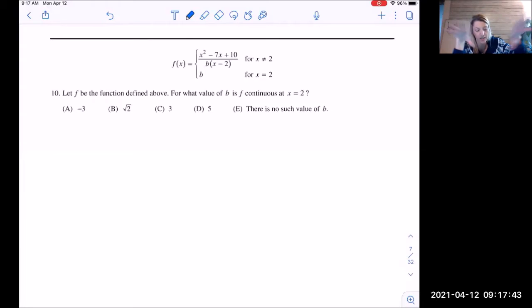I've got a full function, but I'm not sure what's happening at 2. I've got this top function for when x is not equal to 2, and then this right here. That means there's a hole at 2, and I need that second part of the piecewise to fill the hole.